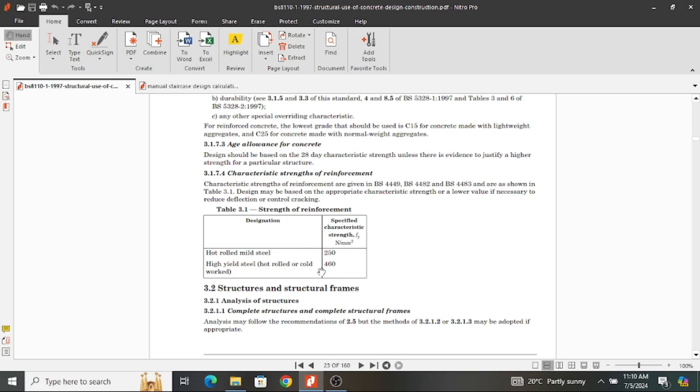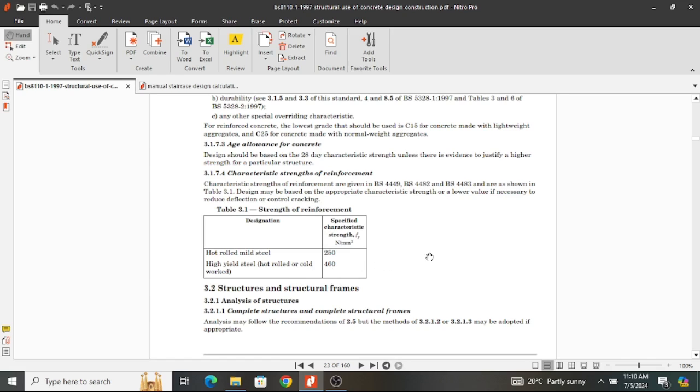You can even carry out tests of your reinforcement in a laboratory before you do design. You can go to the manufacturer, get sample steel elements, and carry out tests in a laboratory to determine the characteristic strength of your reinforcement so that you can use the appropriate values for design.